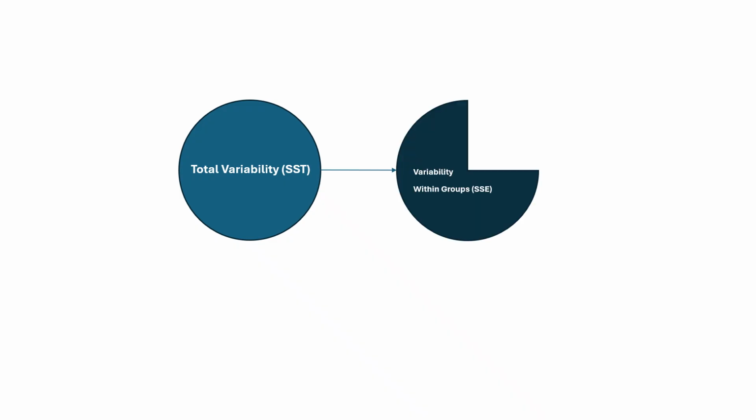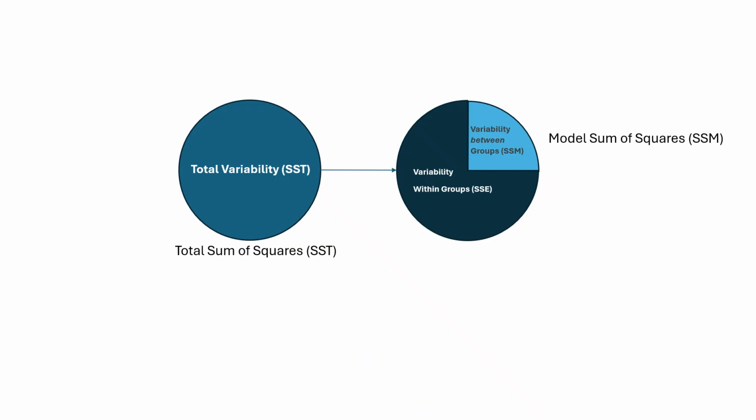Analyzing variances is quite a simple process. You calculate the total variability, which is in turn calculated from the variability within groups and the variability between groups. The total variability is also called the total sum of squares, or SST, because of the process used to calculate it.